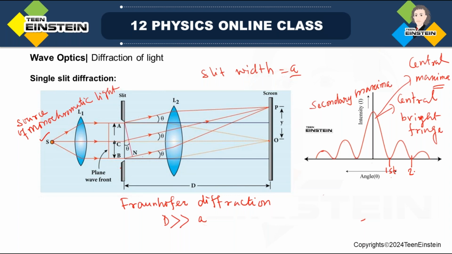This is the second dark fringe, called second order. So this is first order minima, this is second order minima. Similarly, this is first order bright fringe or first order maxima, this is second order maxima, like that.